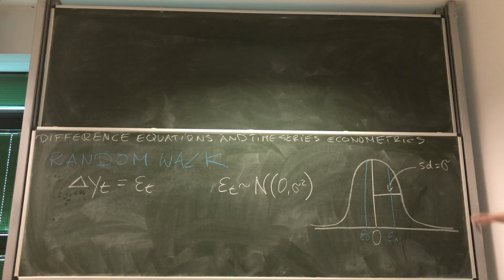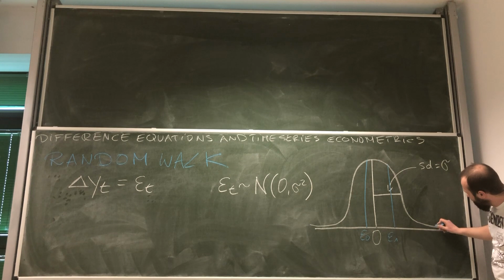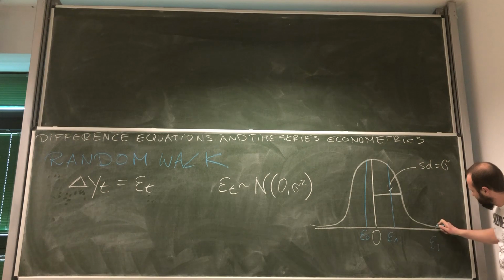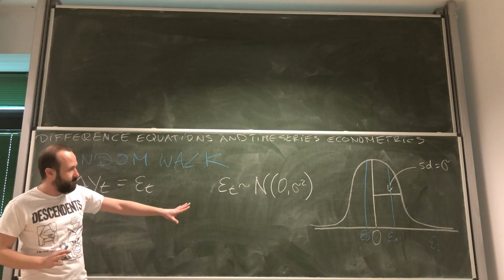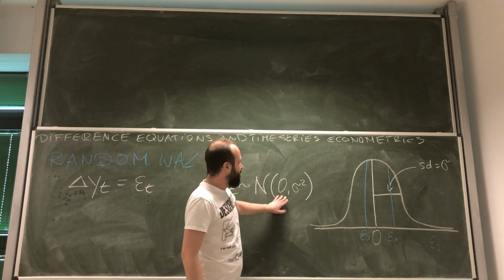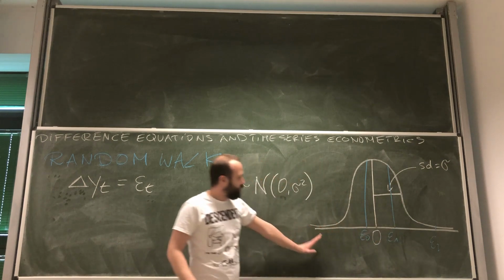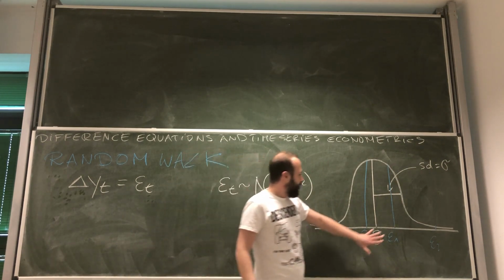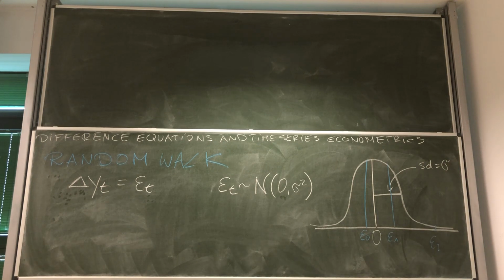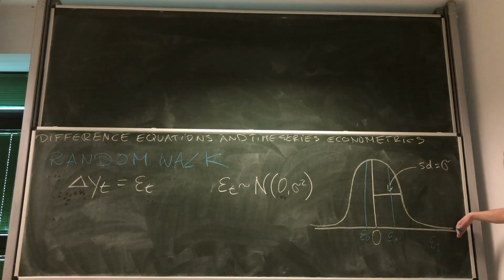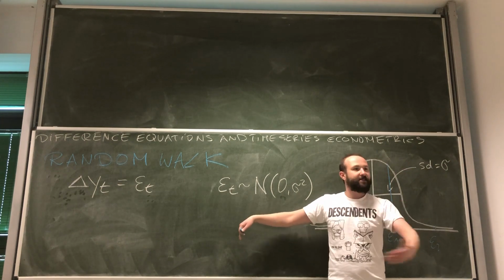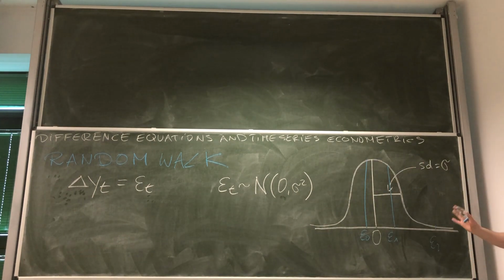There is less density over here, so there is very little probability that we can actually get a shock that would come from somewhere out here. So what do we expect? We expect to have a lot of shocks relatively close to zero, while the more radical shocks, taking relatively big or very negative outcomes, are less probable.